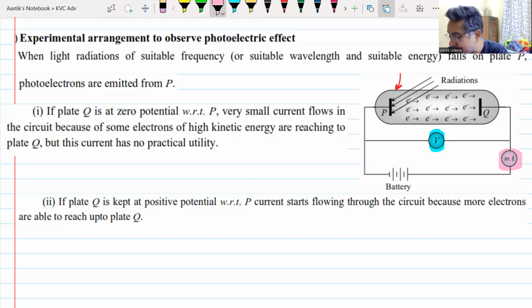Then you have this ammeter, which is just to measure the current which is flowing in the circuit. Now, when you allow light of sufficient frequency to fall on the plate P, this plate P is a photosensitive material. It has a very small work function. So when radiation of sufficient frequency falls on this plate P, electrons can be emitted.